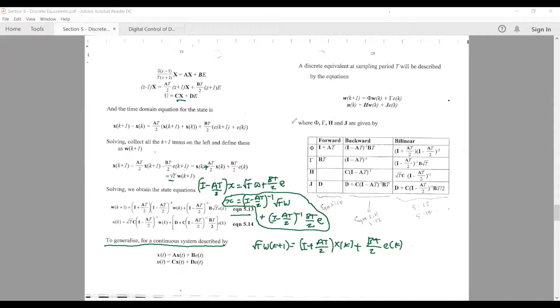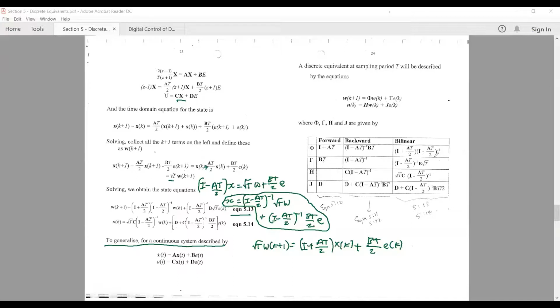Where phi, gamma, H, and J are given by, so phi for forward rule is given by I plus AT. For backward rule, it was given by I minus AT inverse. And for bilinear, phi is given by I plus AT over 2 into I minus AT over 2 inverse.